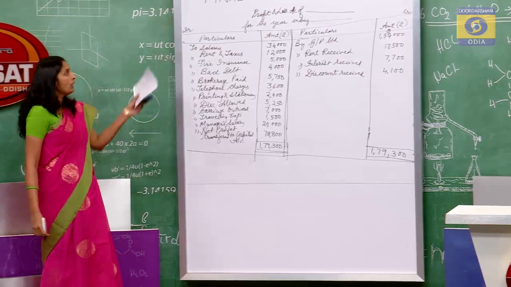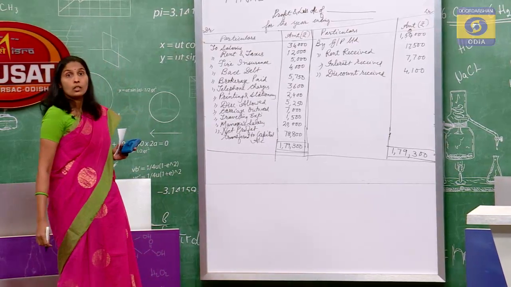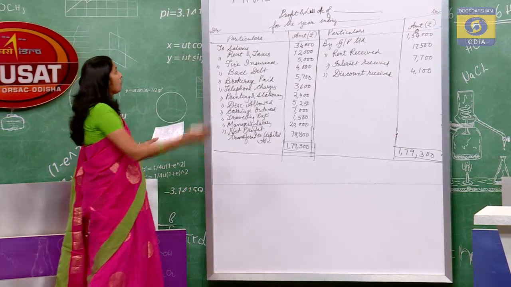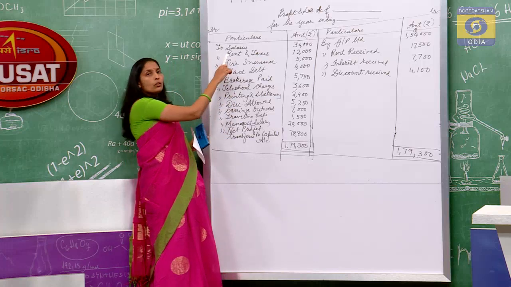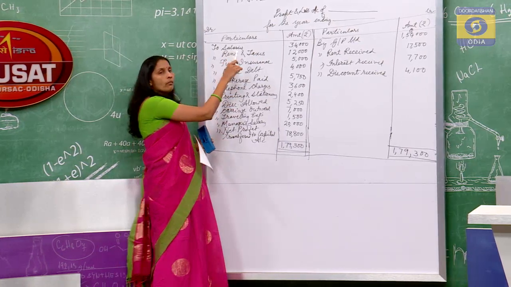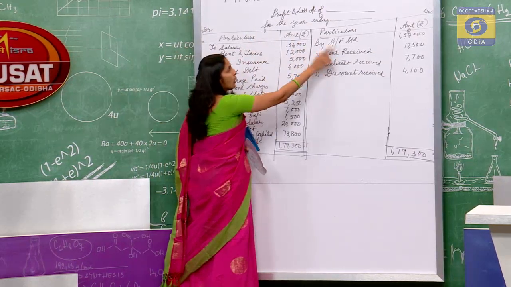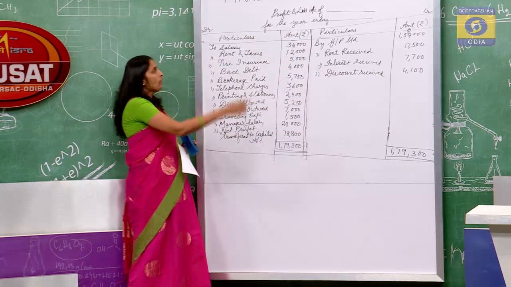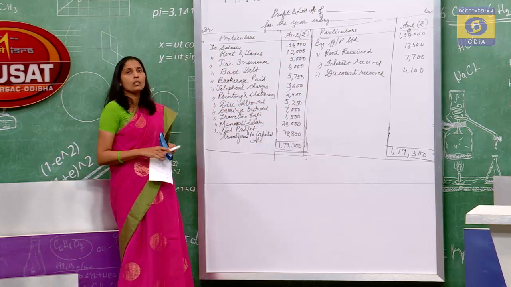Now let's again take a look at this profit and loss account. What are the items that we have entered on the debit side? We started with all the revenue expenses, that is indirect revenue expenses. First we brought down the gross profit, step 1. Then we debited all the items of expenses and losses that were given in the question.